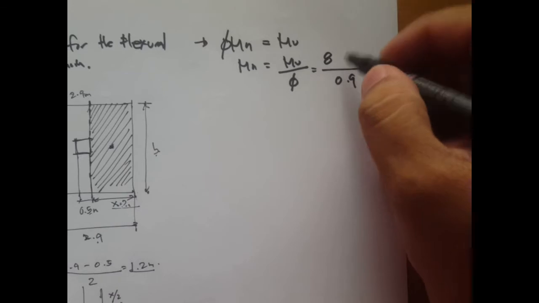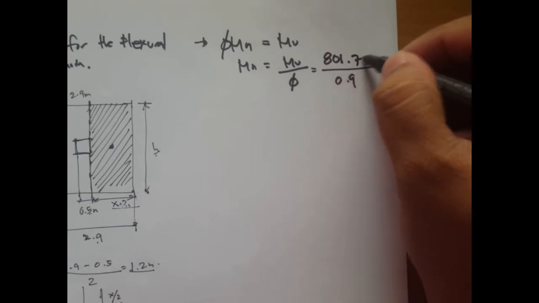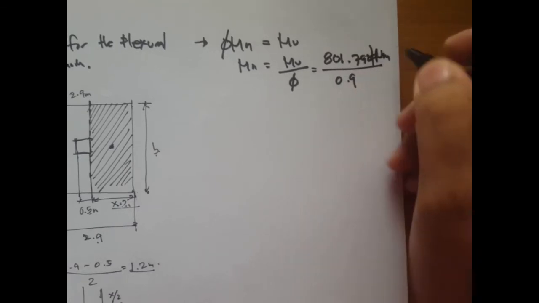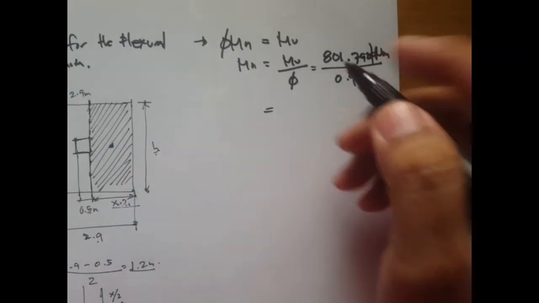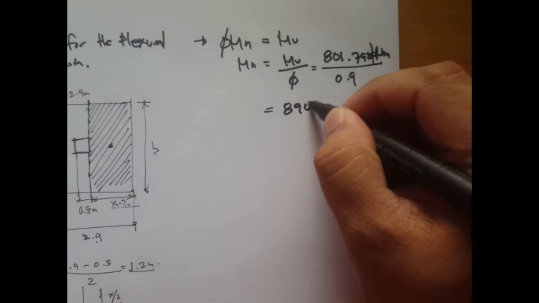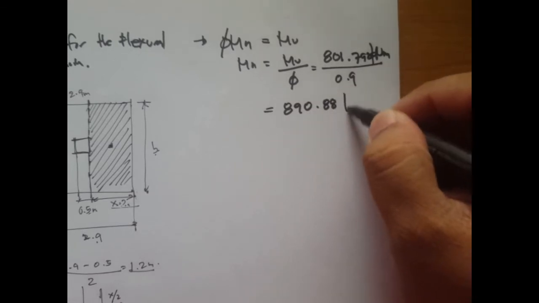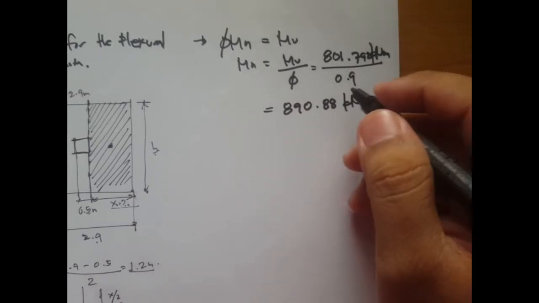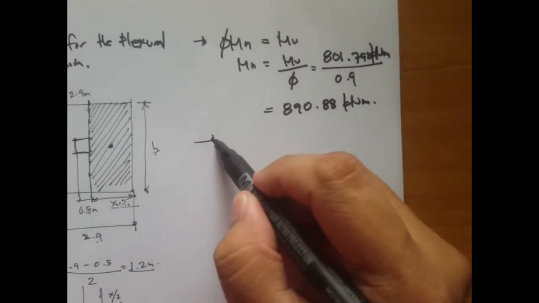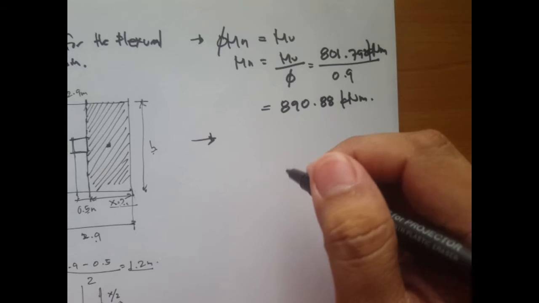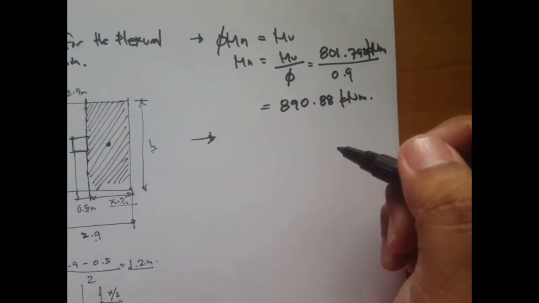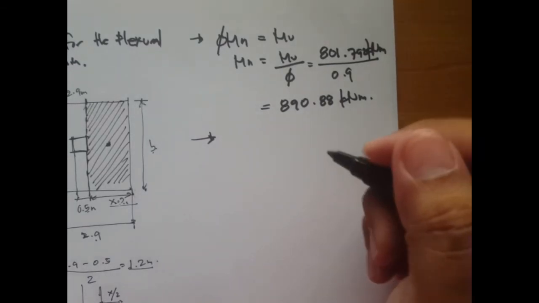Okay, so 801.792 kilonewton meter, if we do the math, then we will have 890.88 kilonewton meter.